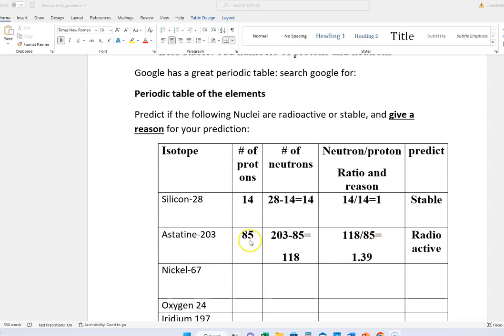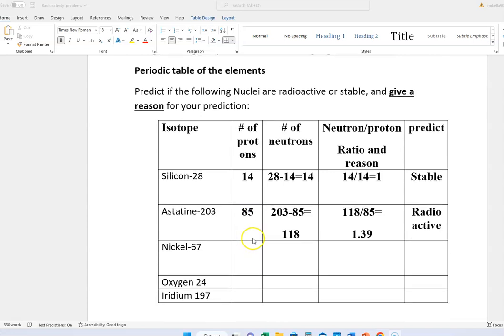And there are really two reasons. One is that it's element 85, so it's automatically radioactive because it's greater than 83. But also the fact that you have an odd number of protons tends to lend itself towards being radioactive.